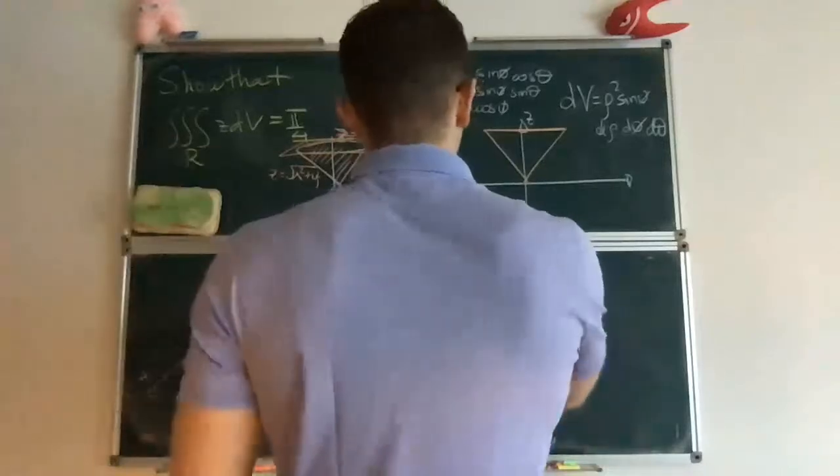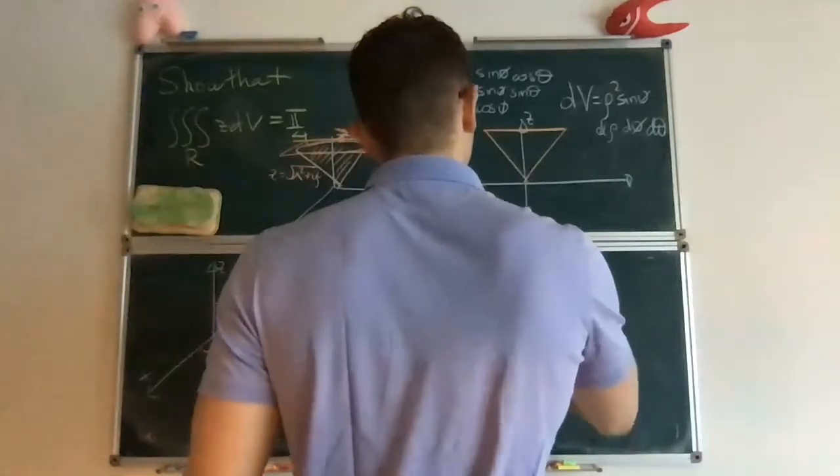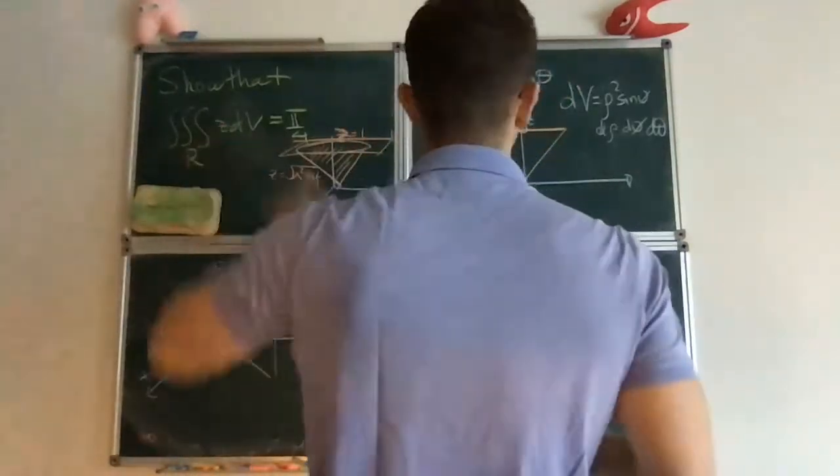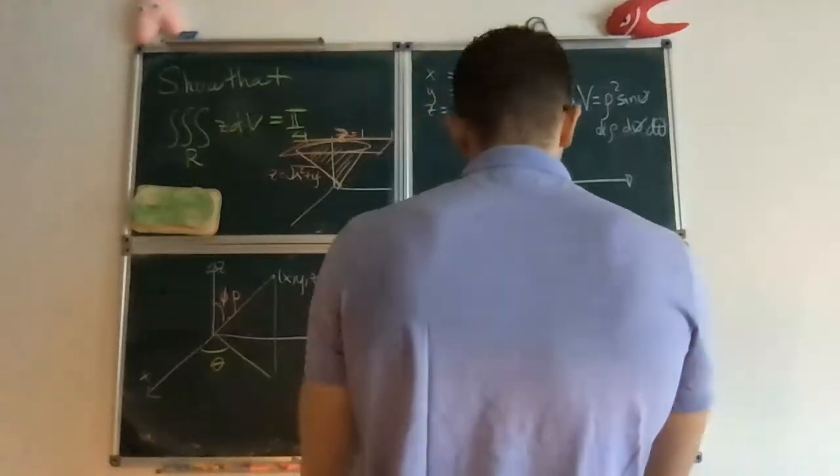The triple integral that we're going to do is the following. So z gets replaced with rho cosine of phi.